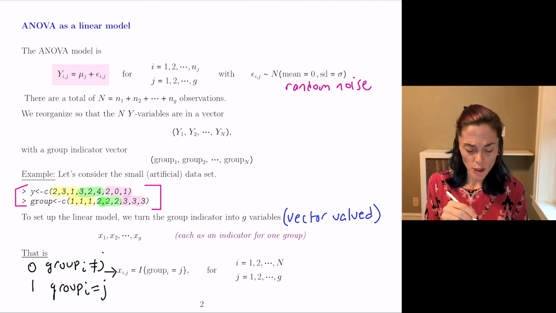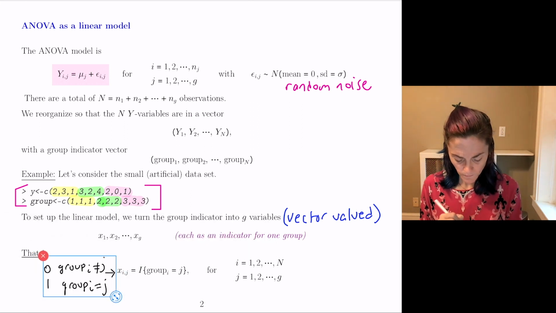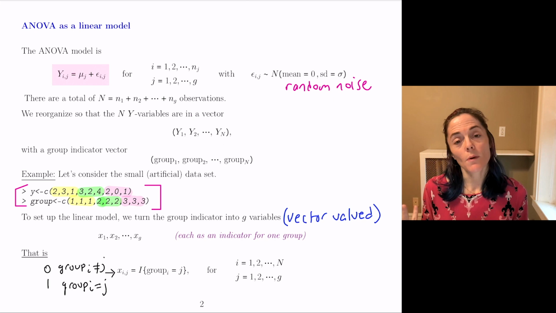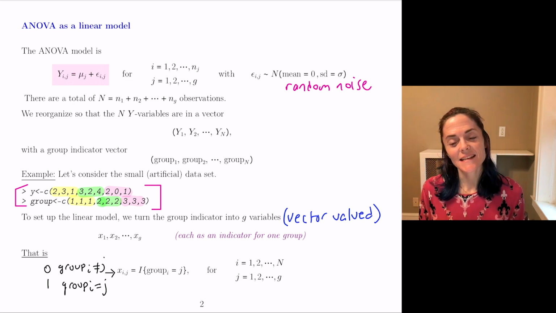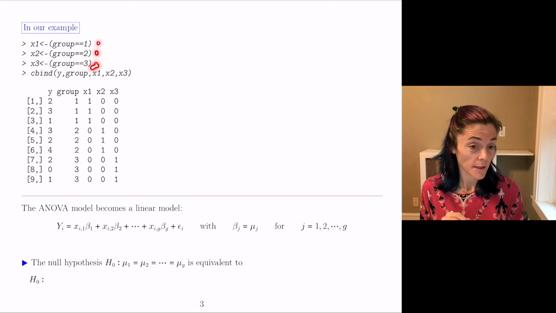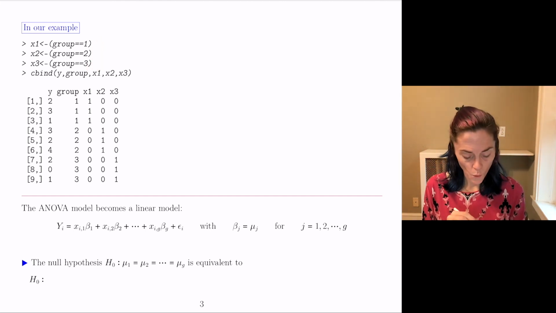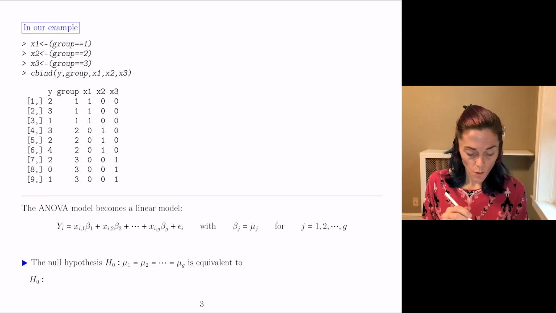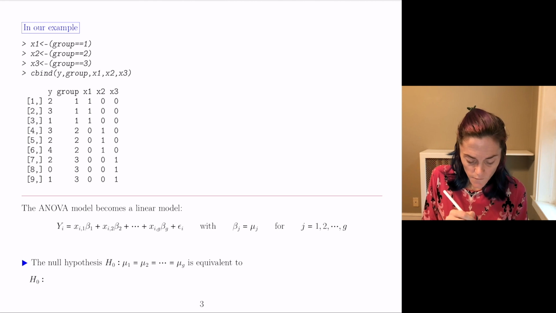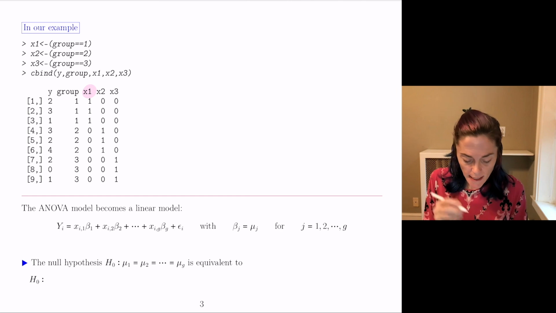Like this. So let me show you what this looks like for our small artificial data set. Okay, in our example, I've just created these 3 vectors, x1, x2, and x3, and then I've printed out y, the corresponding group, and then the 3 vectors. So you can see here, this first vector is an indicator function.